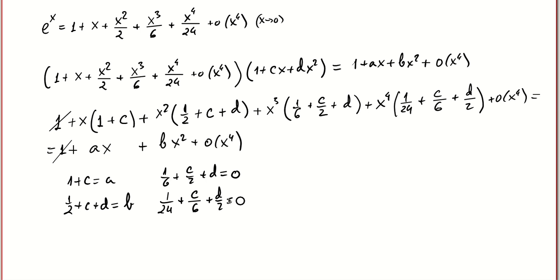So we have here a system of 4 equations in a, b, c, and d, so 4 unknowns. It's a linear system, 4 equations, 4 unknowns, so we can just solve it.